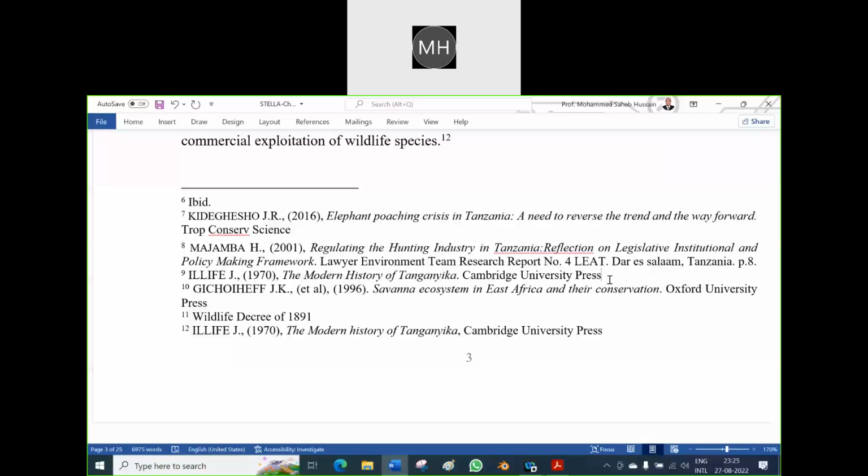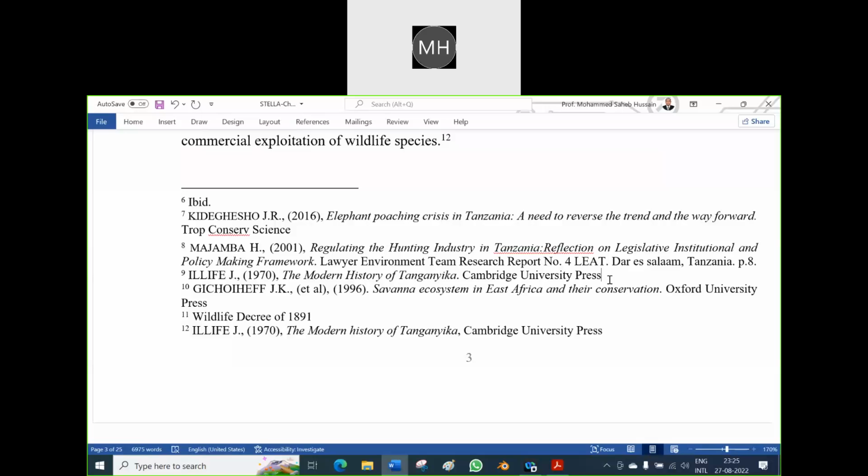Ninth footnote. It's a book, with a single author. Within parentheses you wrote the year because it's APA style. Good. Then the title should be in italics, and the title ends with the full stop. Very good. Then what comes next?